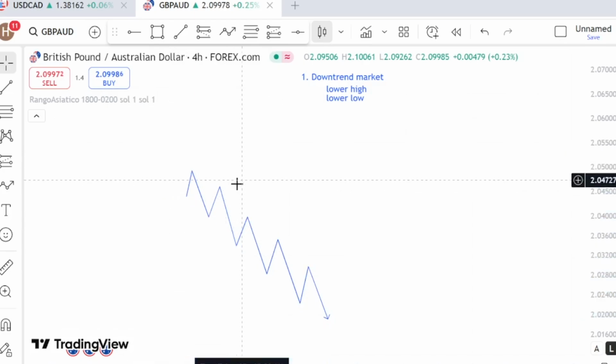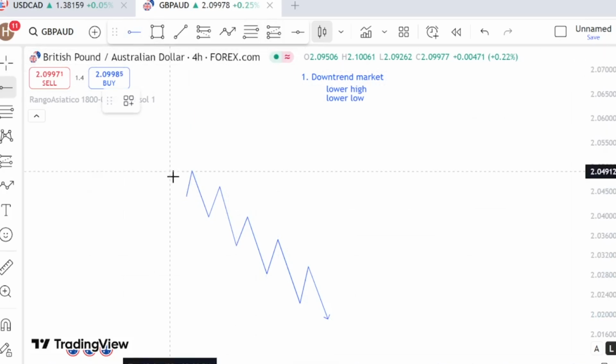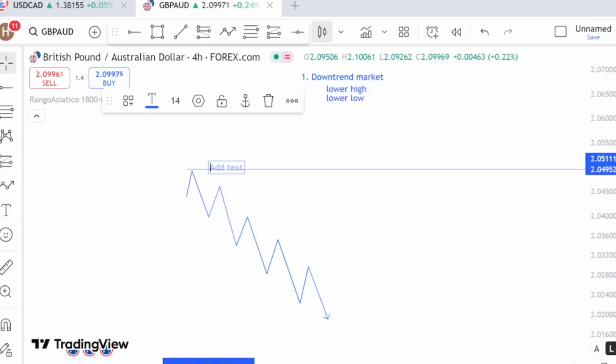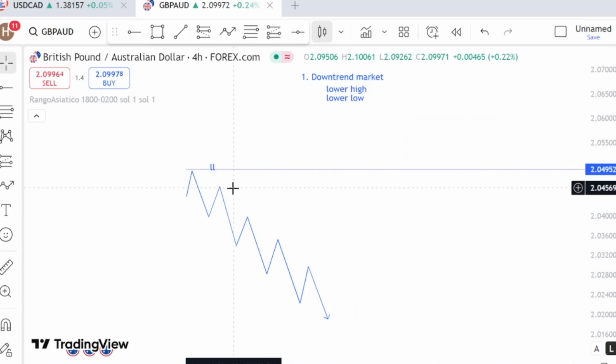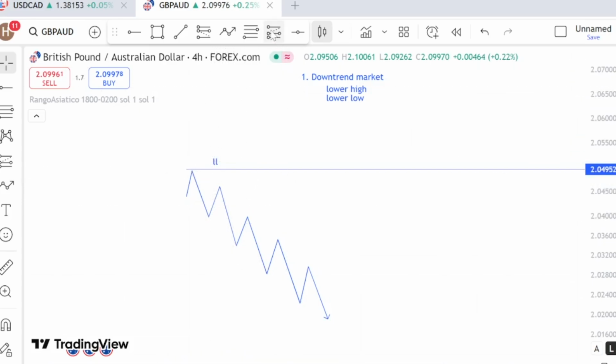Now where is the lower high? This is called the lower high. This high here is always called the lower high. I represent it as LH. And this low here is always called the lower low. Another word for this is structural point.